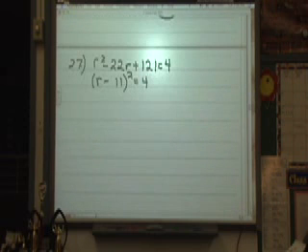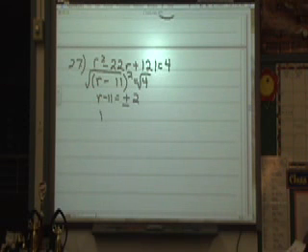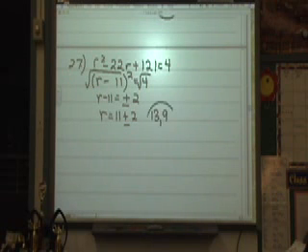Perfect square is isolated. Take the square root of both sides. So you have r minus 11 equals plus or minus 2. So r will equal, add 11 to both sides, 11 plus 2 and 11 minus 2. So your numbers are 13 and 9. And those will solve the equation.